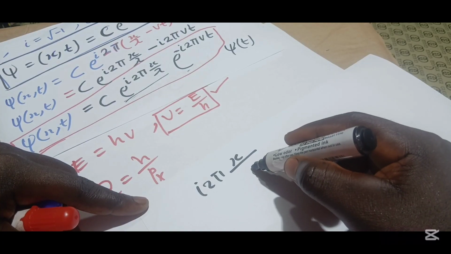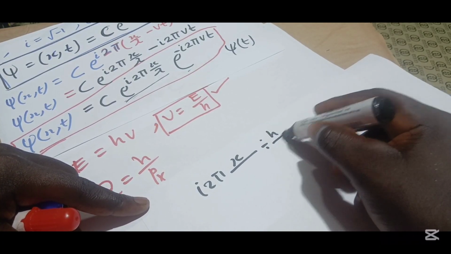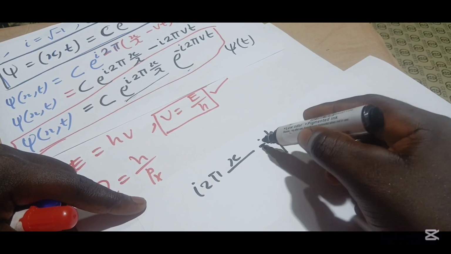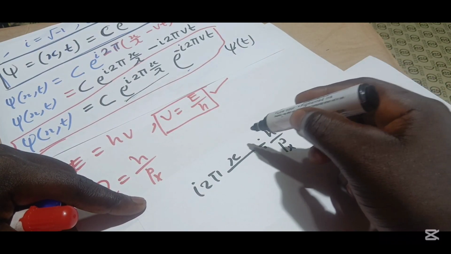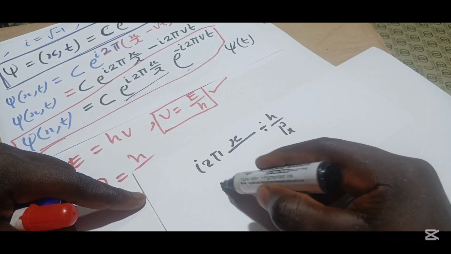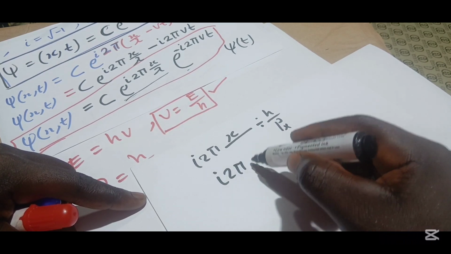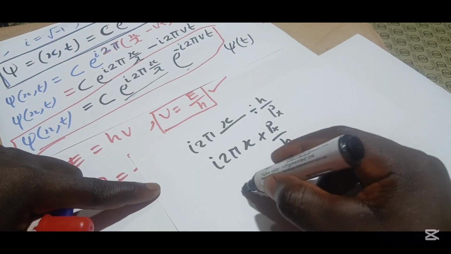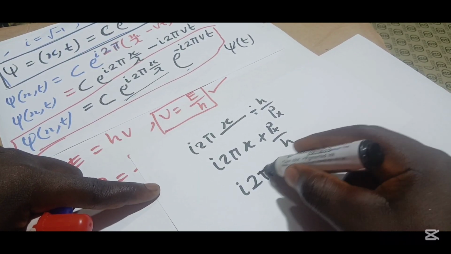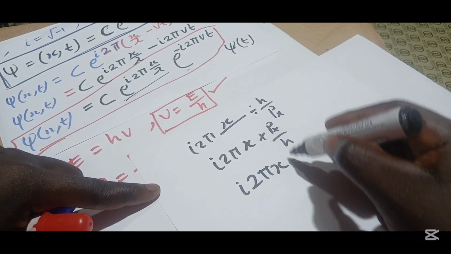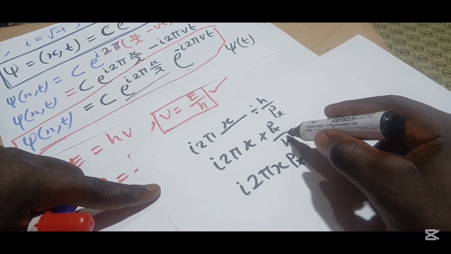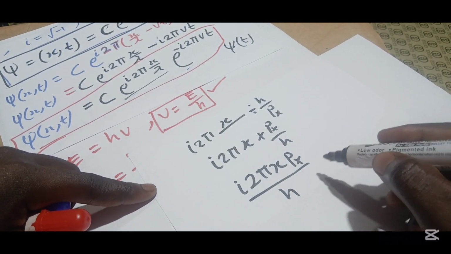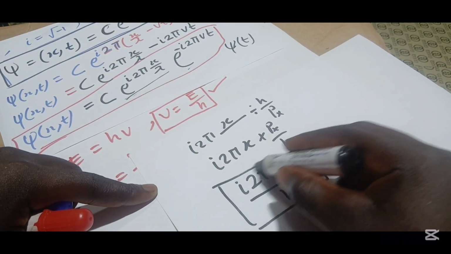Dividing by h over px means taking the reciprocal of this, so p will go up and then h will come down. So this is basically going to be 2 pi x multiplied by px over h. So we get i 2 pi x multiplied by px, all divided by h. Since it's multiplication, we can just bring h here. So that is it for the lambda part.